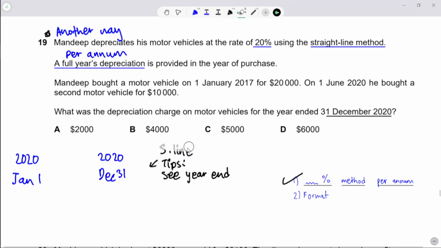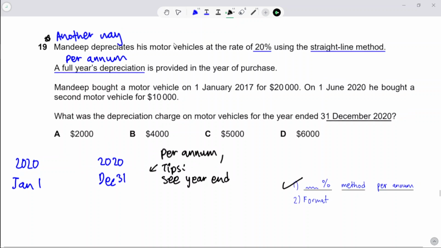No, this one you are using per annum. So the tips you see year end. Okay, so the year end, right?